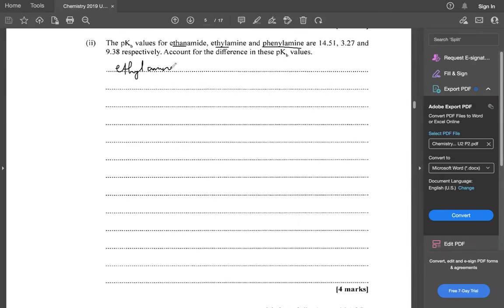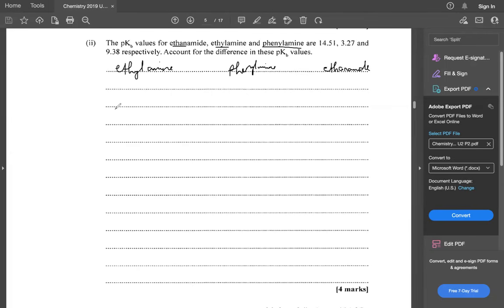And we're going to draw the structure. And which one is the middle one? Let's put phenylamine in the middle. That's the medium pKb value. So let's put the phenylamine structure in the middle. And then let's put ethanamide here. So again, I'm just ordering them from lowest pKb to highest pKb, to draw them so we can see if there's a trend, if any at all, and how we explain that, right?